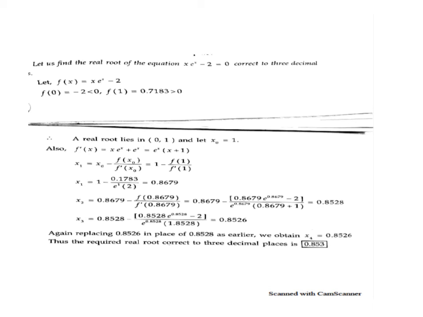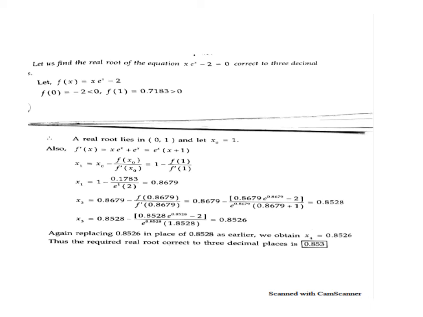Now we have to find the value of the function at x0 and also the value of the derivative of the function at x0. That is, x1 is given by x0 minus f(x0) divided by f'(x0), that is f(1) divided by f'(1). Therefore x1 equals 1 minus 0.7183 divided by the derivative.